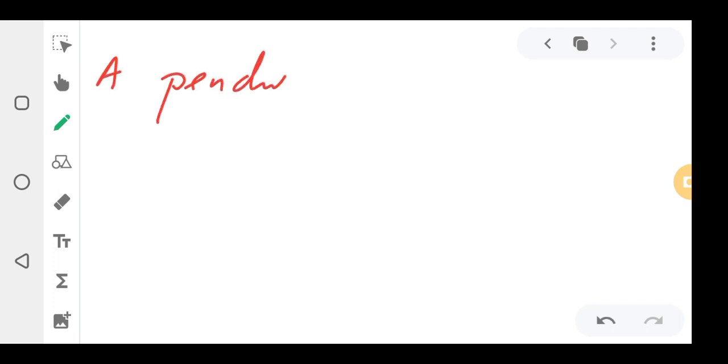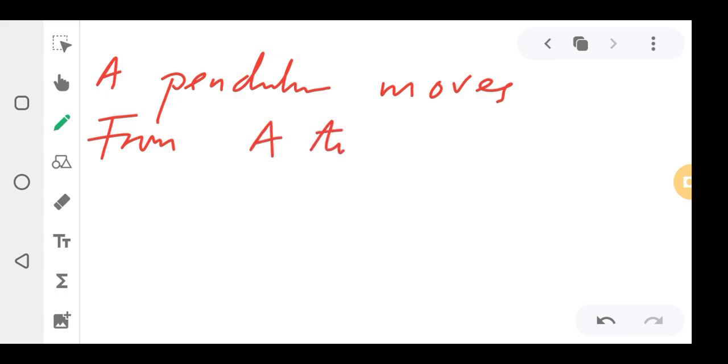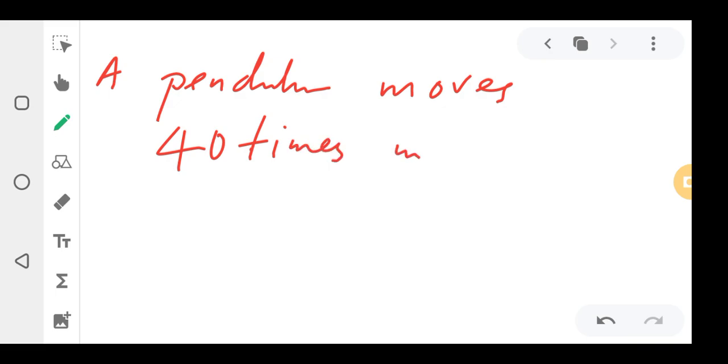Question 1. A pendulum moves 40 times in 25 seconds.